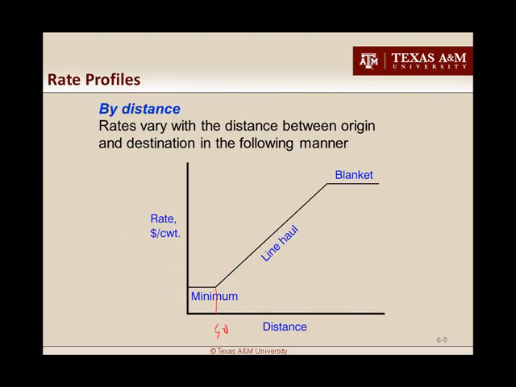Sometimes you go buy some stuff and they may say in-town deliveries are free, but if you are, let's say, living in Navasota buying furniture in College Station, you may need to pay a certain amount of money, and then after a point, let's say 250 miles, again, it is just a single price at that point, and that might be your blanket price.